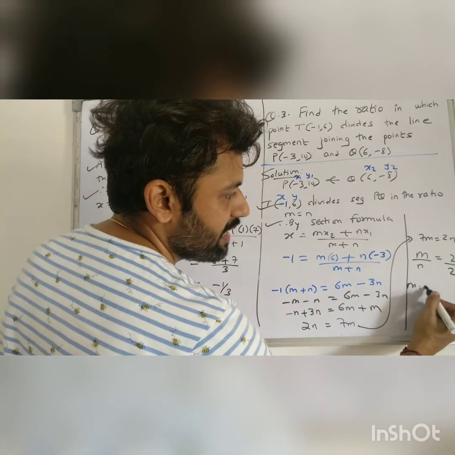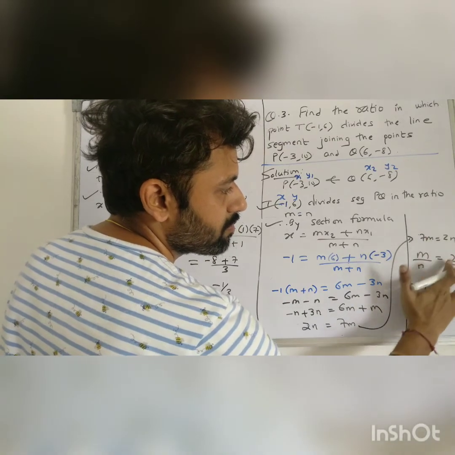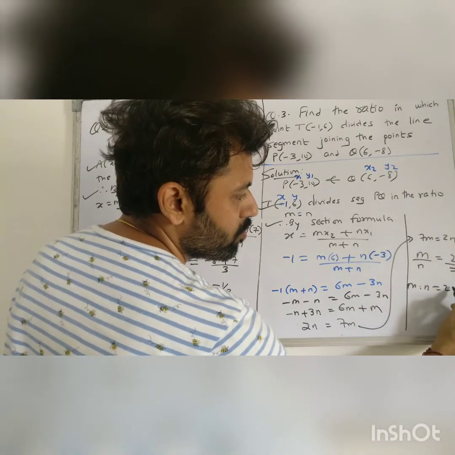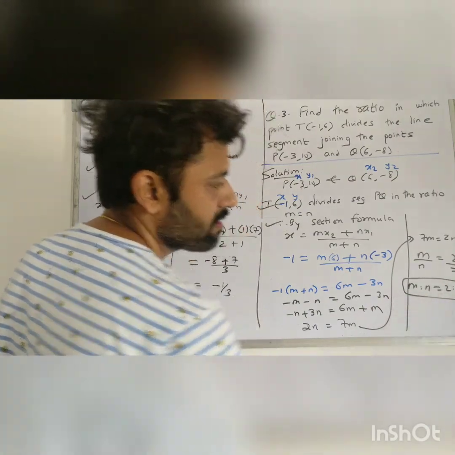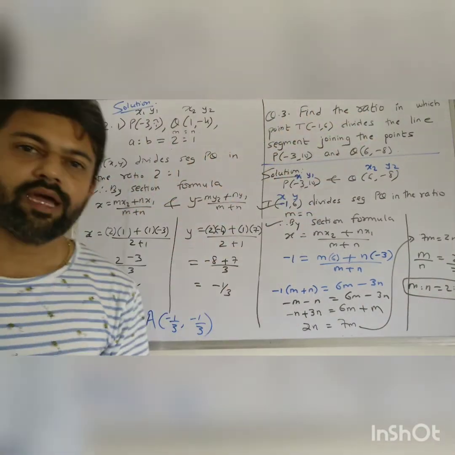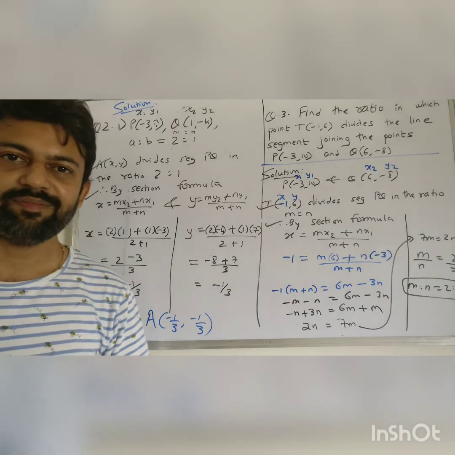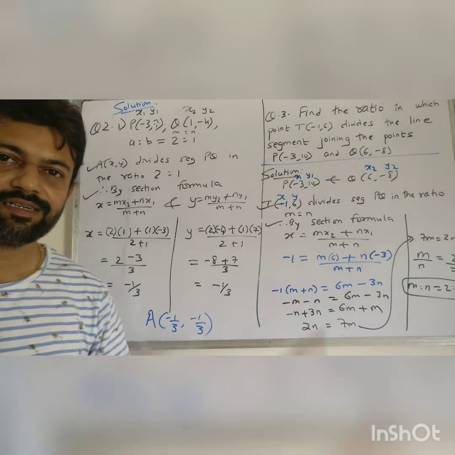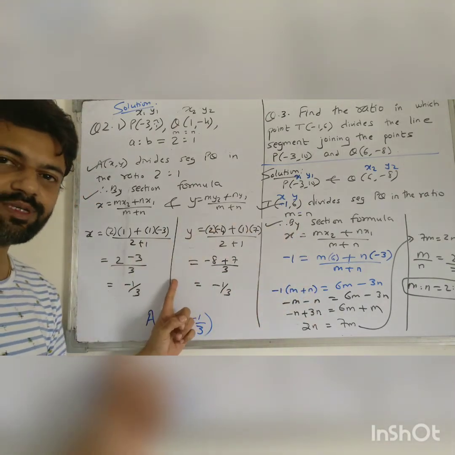So m is to n is equals to 2 is to 7. You can of course write the answer in statement form and complete the answer. Pause the video, copy these two sums.